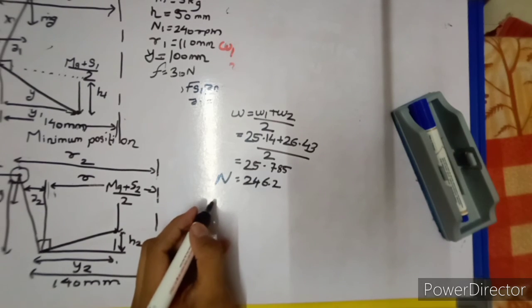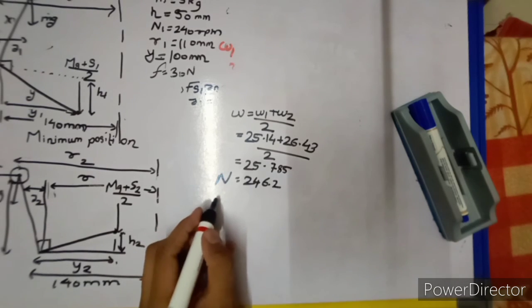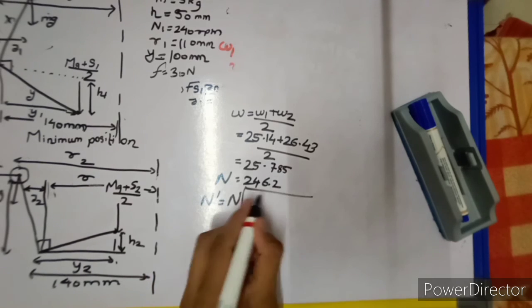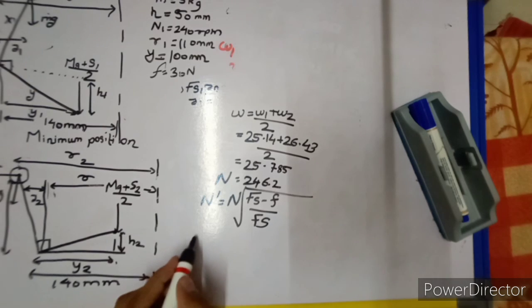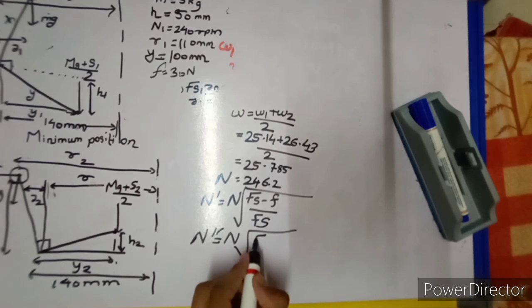Now the speed when the sleeve begins to move downwards, so the frictional force will be minus. This is n dash equal to n root of Fs minus F upon Fs, and when the sleeve moves upwards, n double dash is equal to n root of Fs plus F upon Fs.